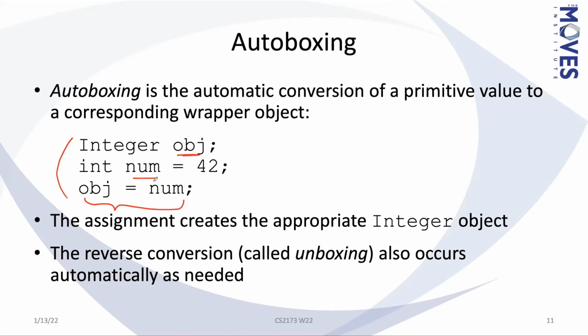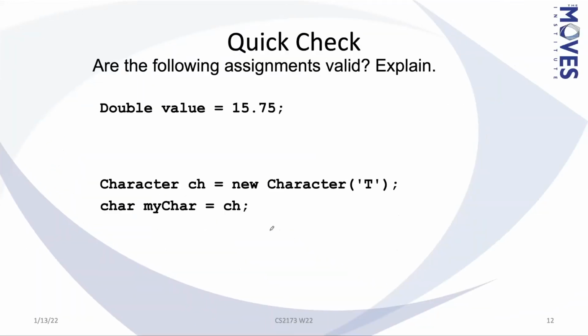So what this will do is, under the hood, it'll take an int and turn it into a capital Integer. So under the hood, it creates the object and then assigns. So this will work. This will absolutely work. And then the reverse also works as well.